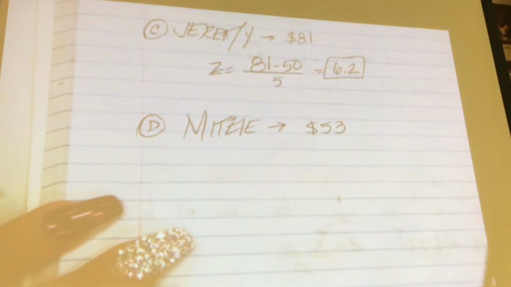Let's say I give Mitzi $53. Give me her z-score, please.